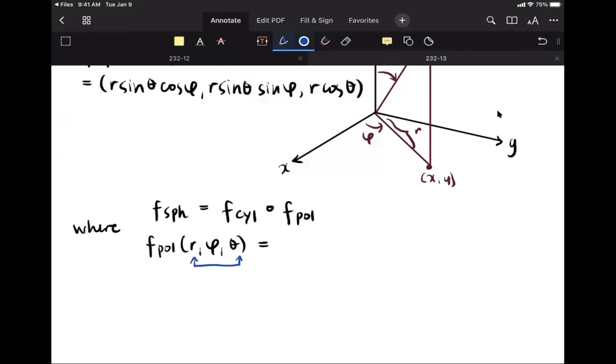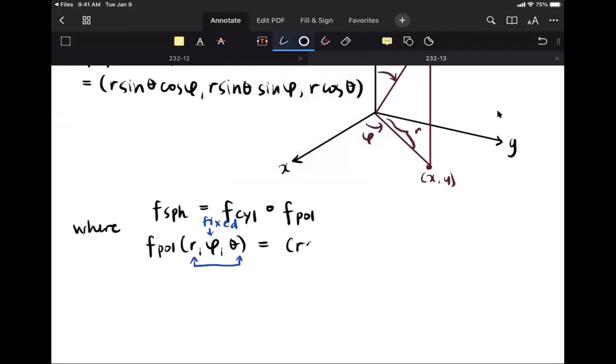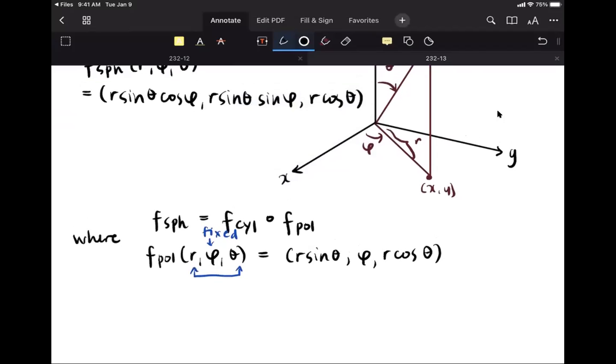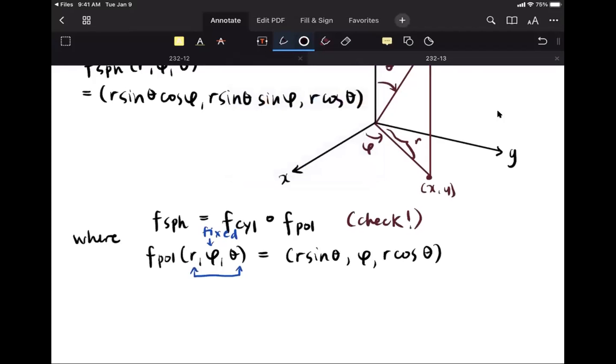So we take this as our radius and angle, and phi would be the one that is fixed. In other words, this is r sine theta, phi is fixed, and this is r cosine theta. And you can check that this is indeed the case. I suggest that you verify this with a simple computation of decomposition.